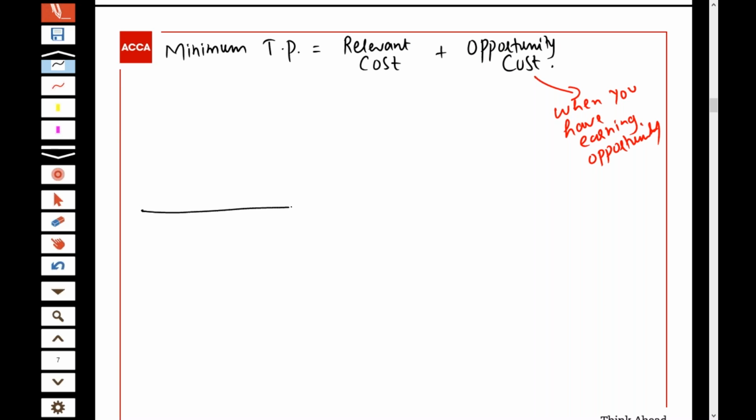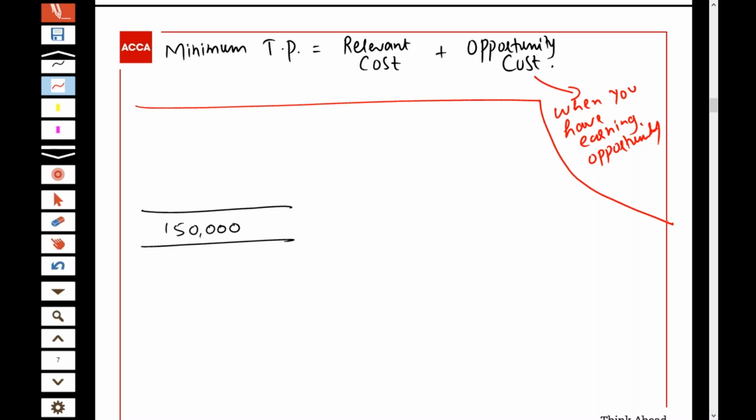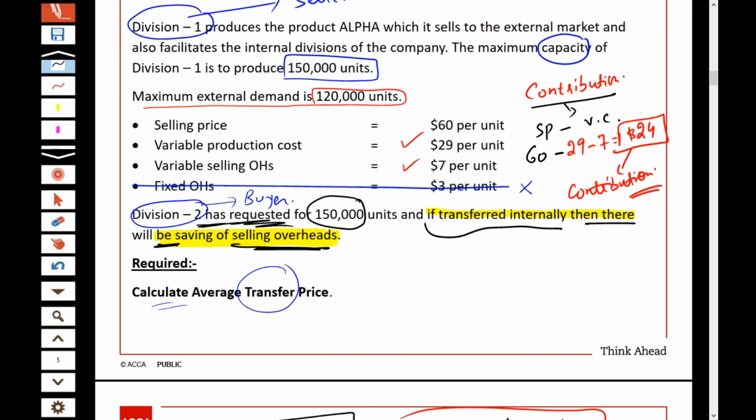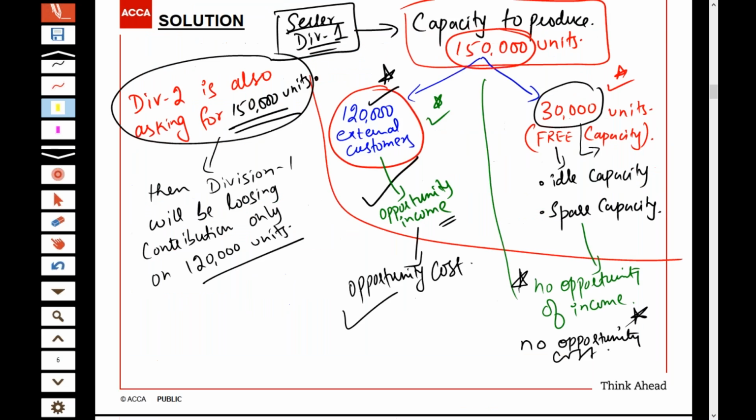Now listen, you are asking me for 150,000 units, and if I give you these 150,000 units, then I will be losing 120,000 external sale. What is my relevant cost? The $7 will be saved if transferred internally, so the only relevant cost will be the 29 production cost, and contribution is $24. Remember, 24 is the contribution.